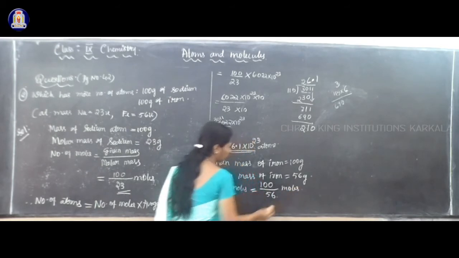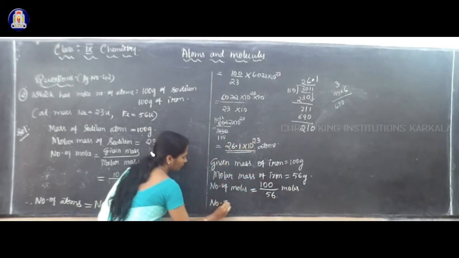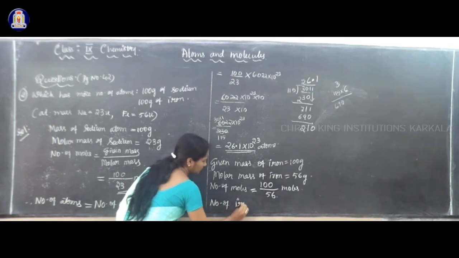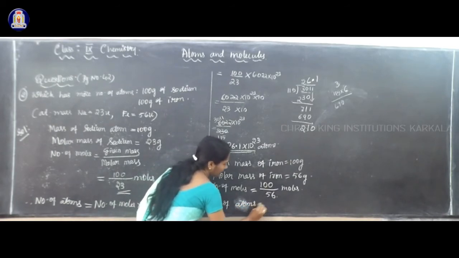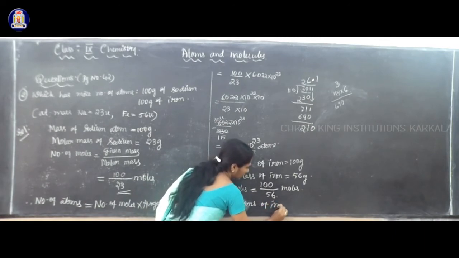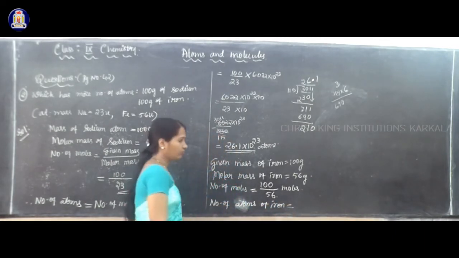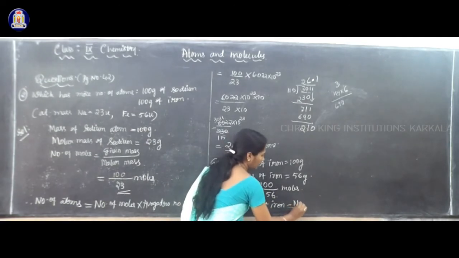I have to calculate the number of iron atoms. Number of atoms of iron: the formula is number of moles into Avogadro number.